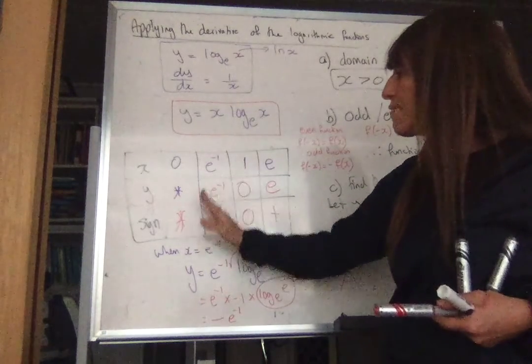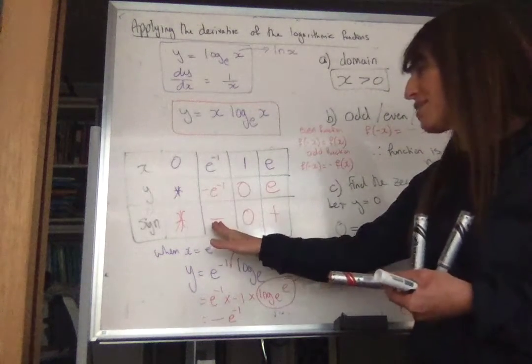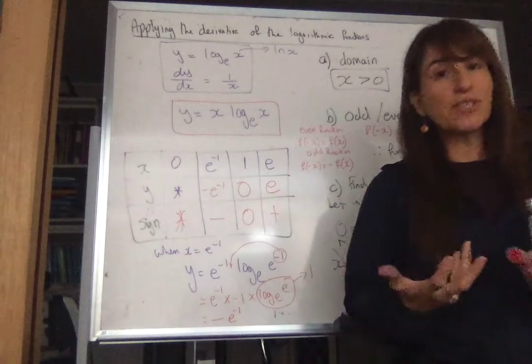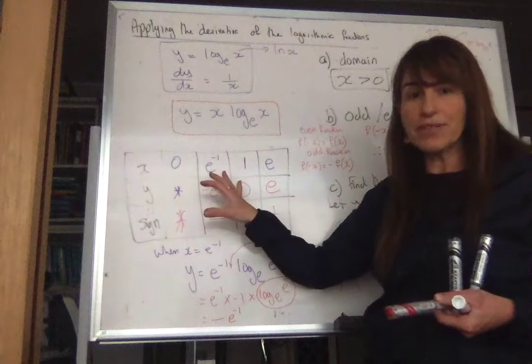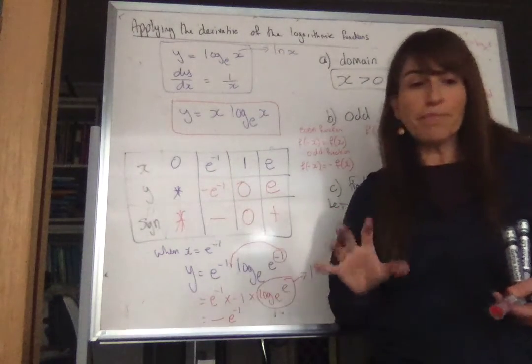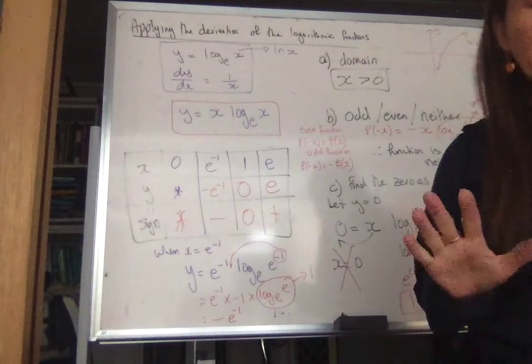So to the left of 1, we have negative signs, and to the right of 1, we have positive signs. When we sketch this function, we're going to come back to this. Now I'm going to stop the video at this stage.